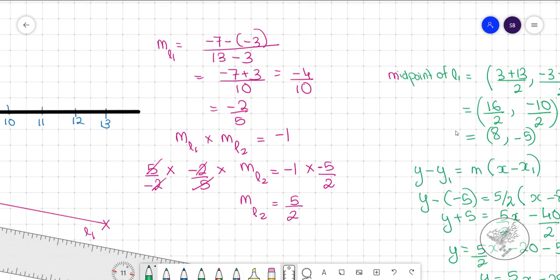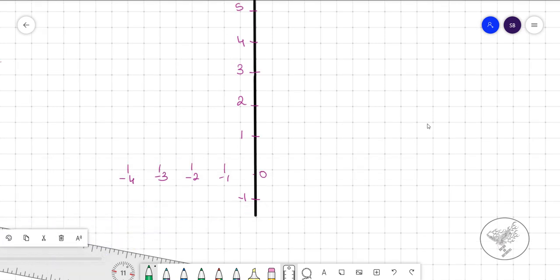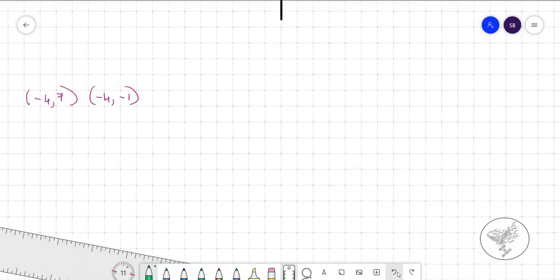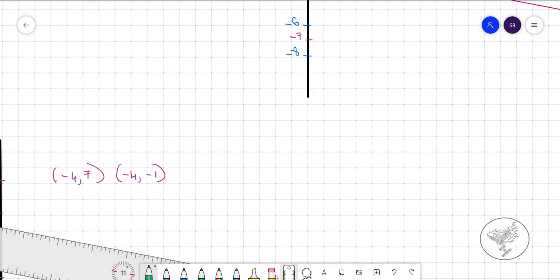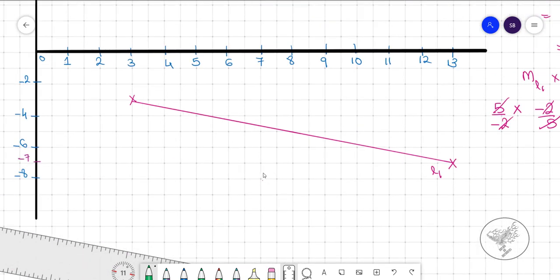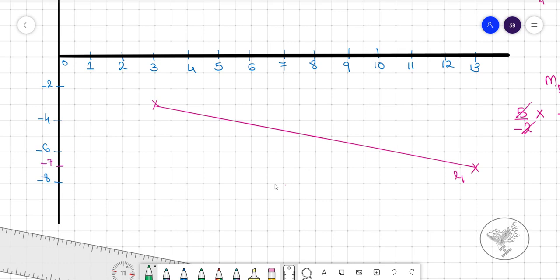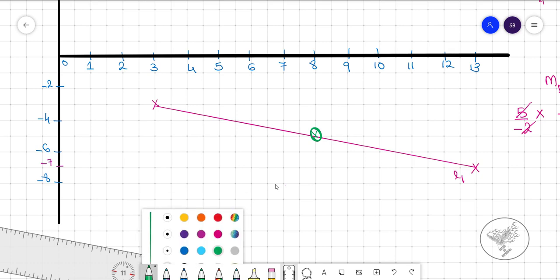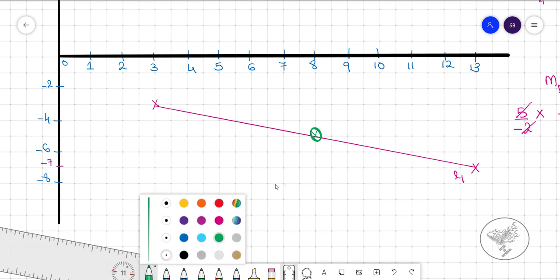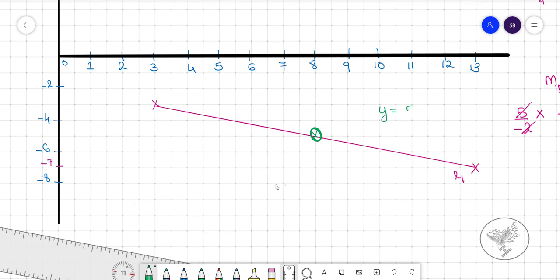So if I have to draw the perpendicular bisector, the center point is at 8, minus 5. 8 is here, minus 5 is somewhere here. So this is the center point. And the equation of the line is y is equal to 5 over 2x minus 25.